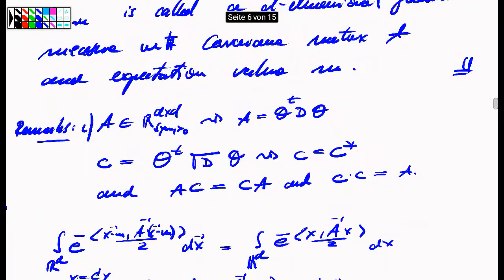As for the proper choice of this normalizing constant, we recall a little bit of linear algebra.